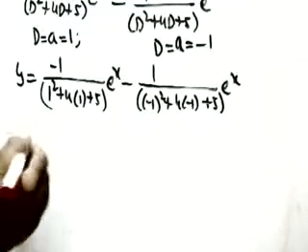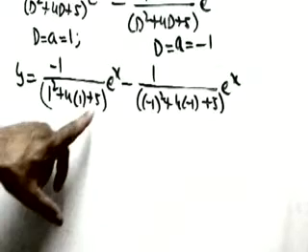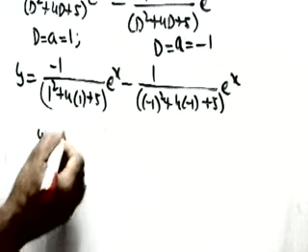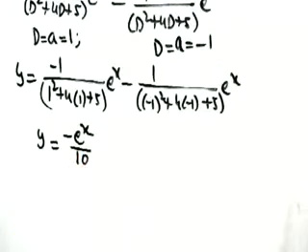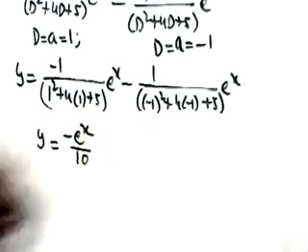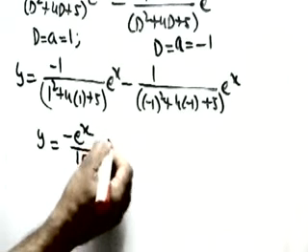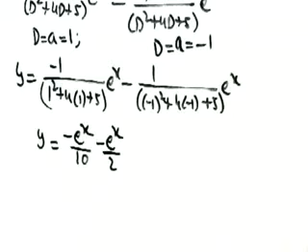So y equals to, see here, 5 plus 5 is 10, so it will be minus e power x by 10. And here you see 5 plus 1 is 6, 6 minus 4 is 2, so this will be minus e power minus x by 2. Okay, we can change here, or if we want to substitute, we can substitute later also.